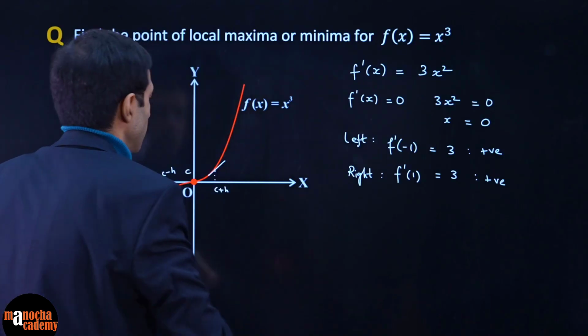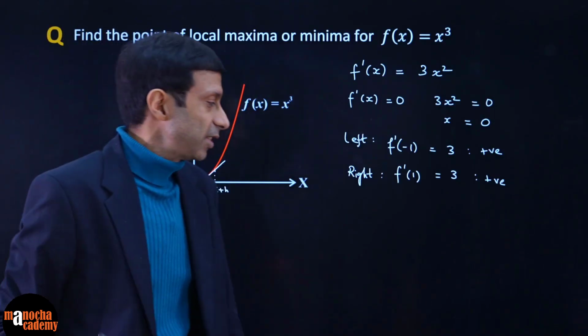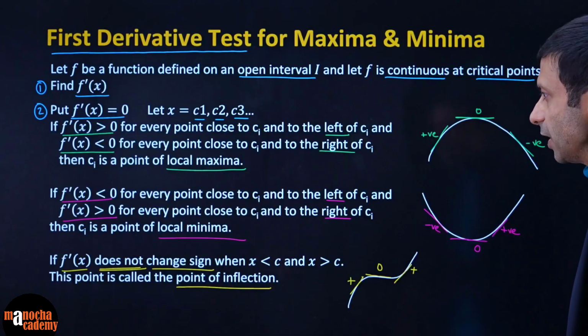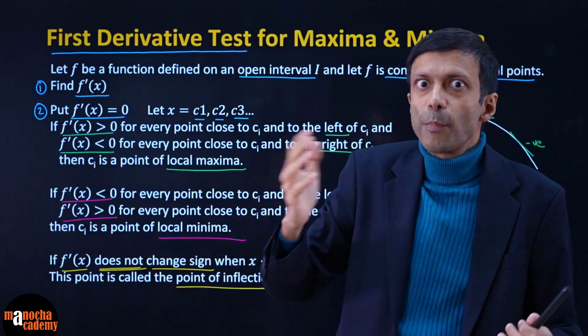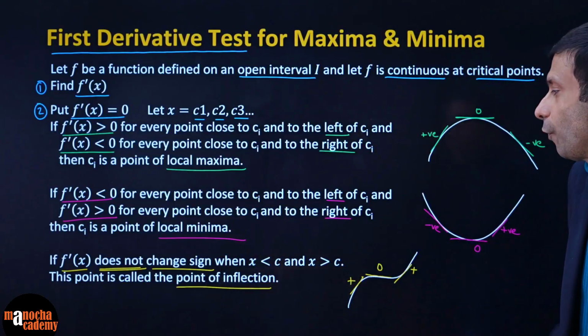In such a case, remember what it was? We had covered this. This is that special case where f dash x does not go from positive to negative or negative to positive, it does not change sign, so it is the point of inflection.